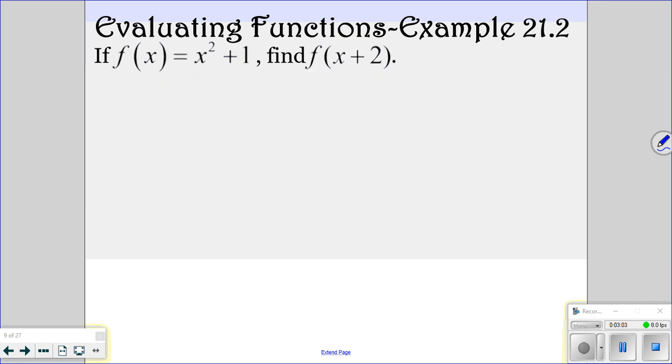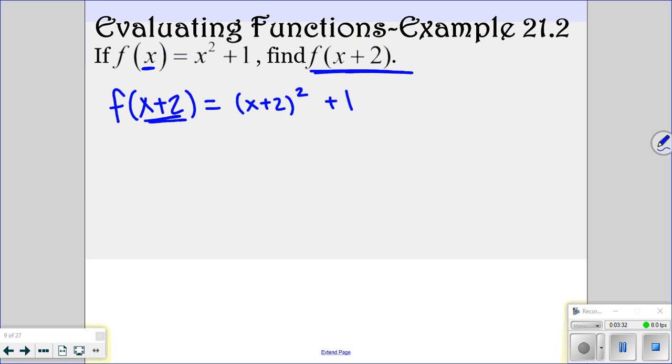Looking at another one. If you think you can do this one by yourself, y'all go for it. It's a little bit different, so if y'all aren't comfortable with it, that's fine. For this one, we're looking for f of x plus 2. So everywhere we have an x, we're going to replace it with x plus 2. So here we have x squared. Instead of x squared, it's going to become x plus 2 squared, and then plus 1.